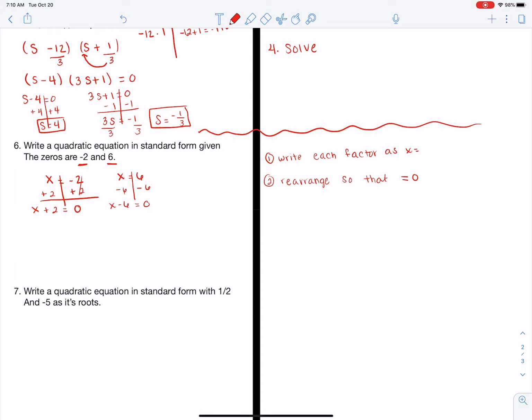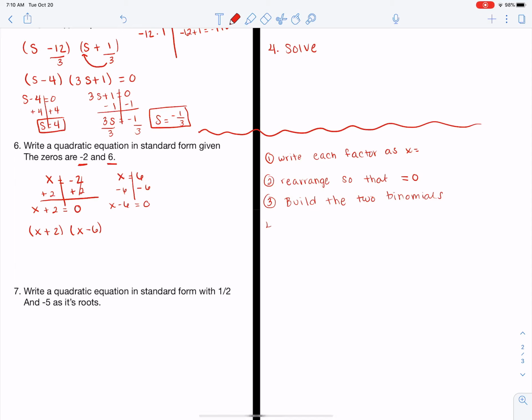Okay, good. Step 3, I'm going to build the two binomials. So take your x plus 2 and put it beside your x minus 6.